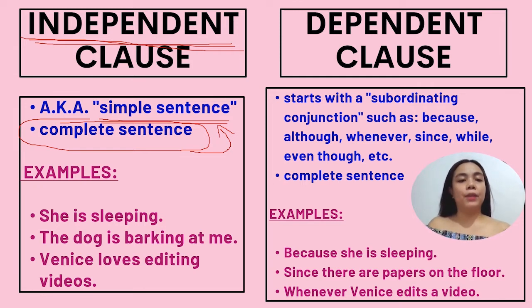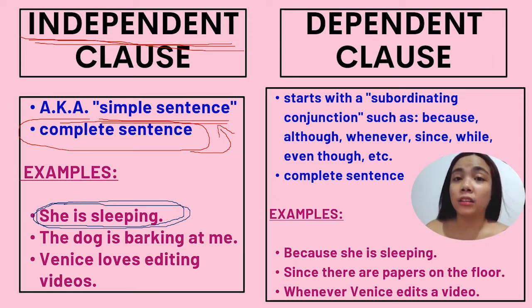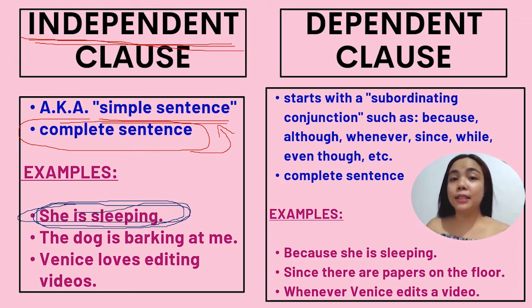The first one, she is sleeping. Here is your sentence, or here's your independent clause. Again, a clause has a subject and a verb. Now, can you tell me what the subject is? Okay, very good.